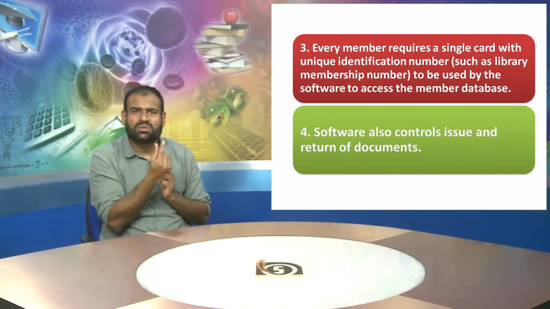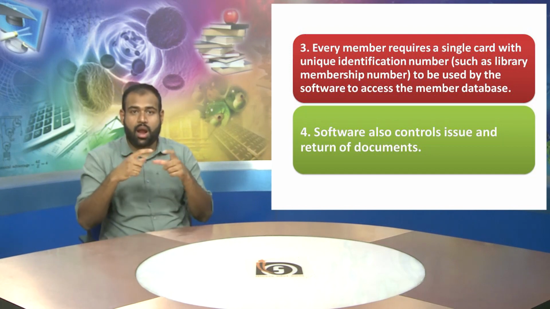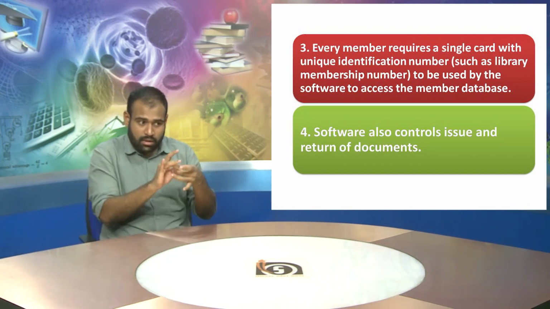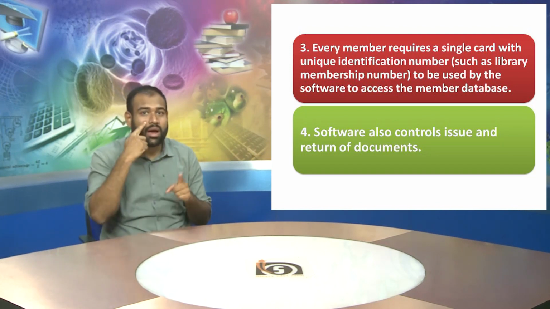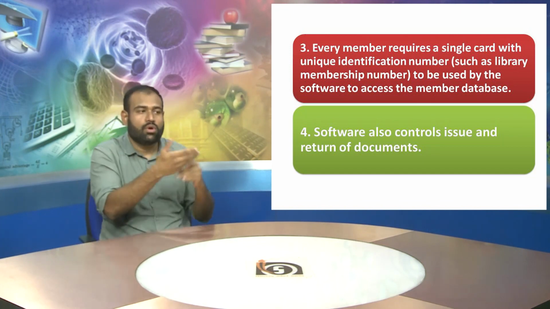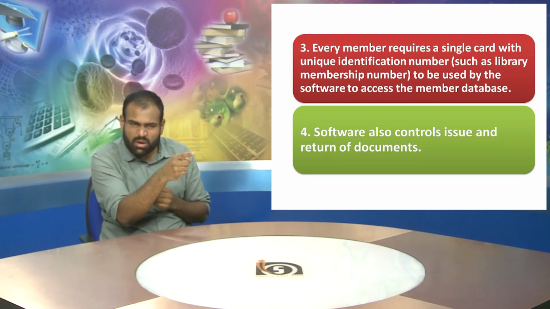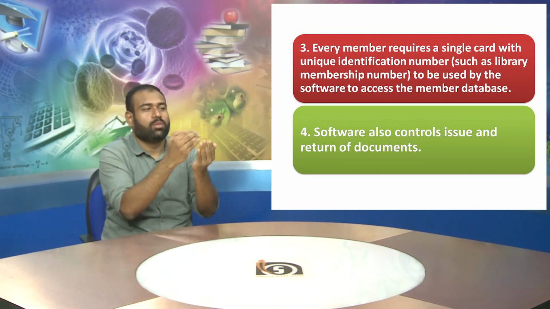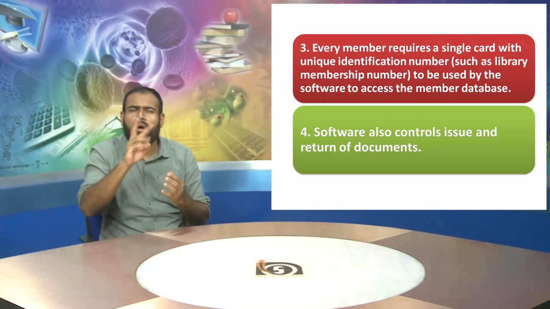Every member requires a single card with a unique identification number, such as the library membership number, to be used by the software to access the member database. Software also controls issue and return of documents.